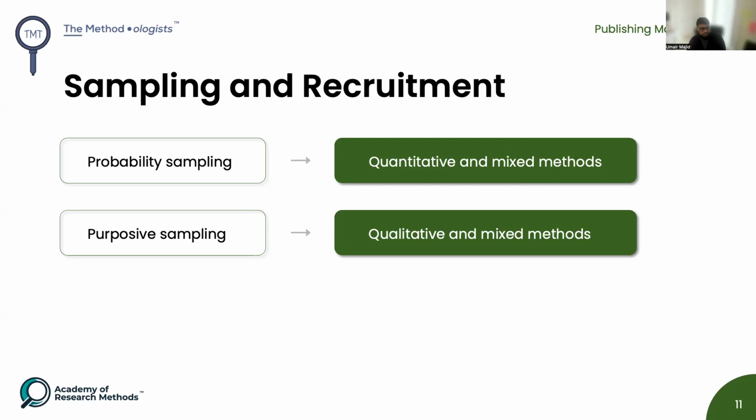But there's another type of sampling used in qualitative studies and the qualitative portions of mixed method studies, and that's called purposive sampling. Purposive sampling is not about representativeness of the broader population, but about choosing people for your qualitative study who will help you answer the research question.